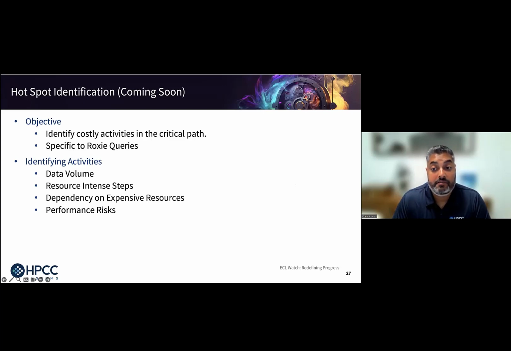By pinpointing activities with potential cost escalation, such as data volume, resource-intensive steps, dependency on expensive resources, and performance risks, we can proactively manage expenses. This approach involves thoughtfully distributing resources, closely tracking costs, seeking optimization opportunities, and mitigating performance-related risks.